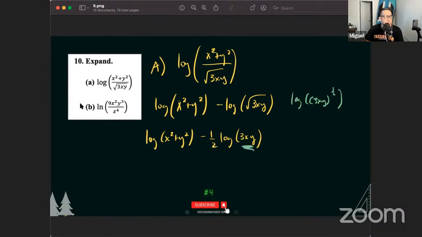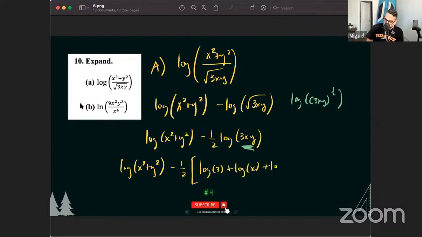Because everything is being multiplied, we can rewrite the whole thing as a sum. So the first expression, log of x squared plus y squared, nothing else that we can do there. But then we have minus 1/2. And actually, yeah, I can just do this. Log of 3 plus log of x plus log of y.